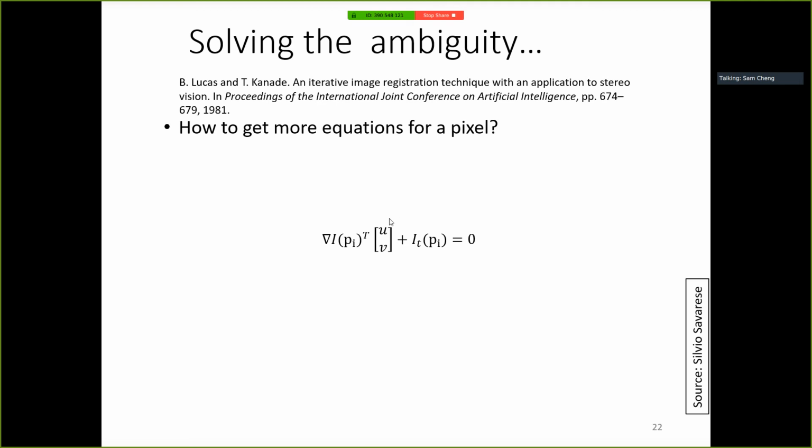For just the u and v here, because u and v is different for every pixel there. Okay, what can I do? I think I need to pause a little bit, otherwise I should give you guys some time to digest. What should we do next?